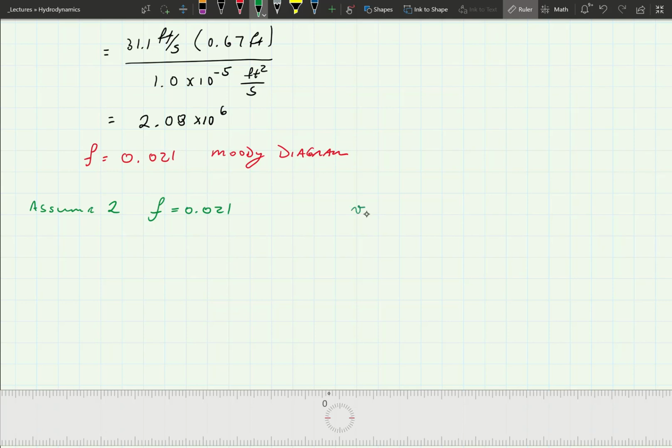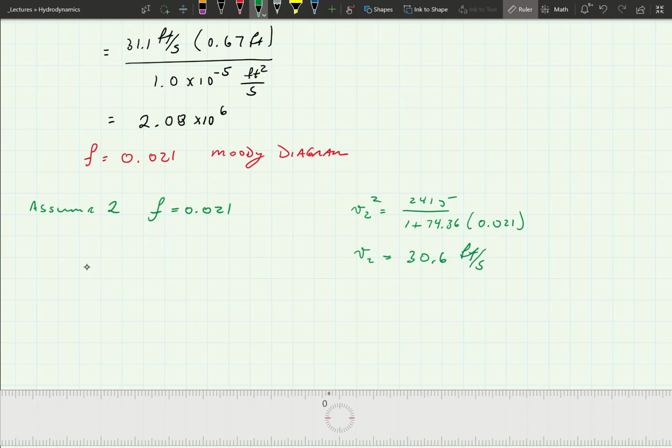So V2 is equal to 2415 over 1 plus 74.36 times 0.021. And we're going to get a velocity 2 that's equal to 30.6 feet per second.